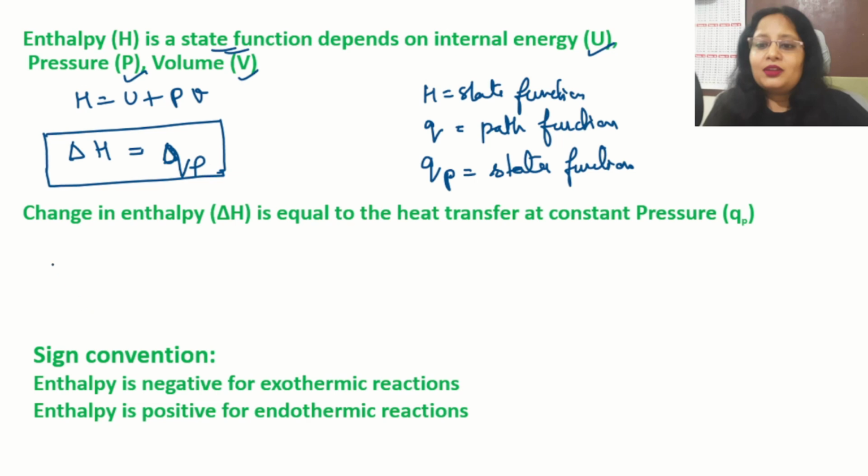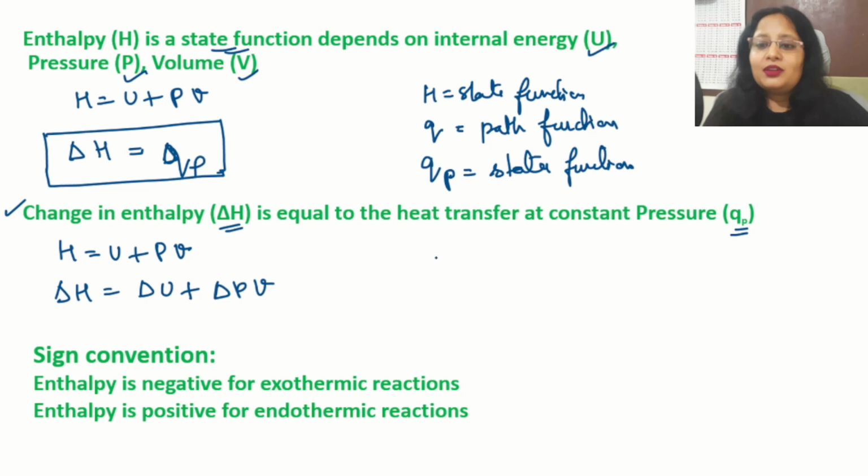So now we can define change in enthalpy as the heat transfer at constant pressure, that is QP. Clear? Now one more thing we need to understand: H is equal to U plus PV. We got it? So we can write delta H is equal to delta U plus delta PV.